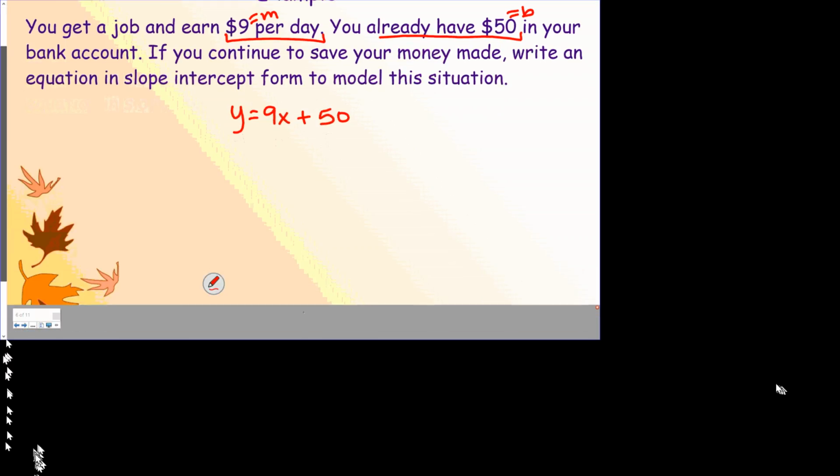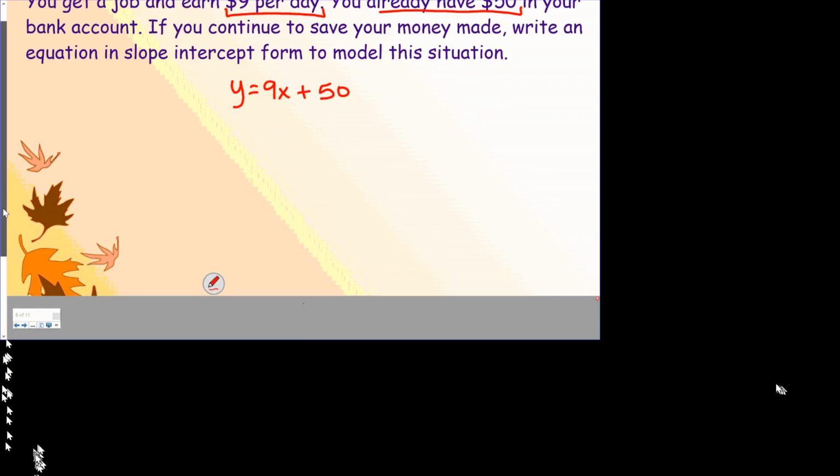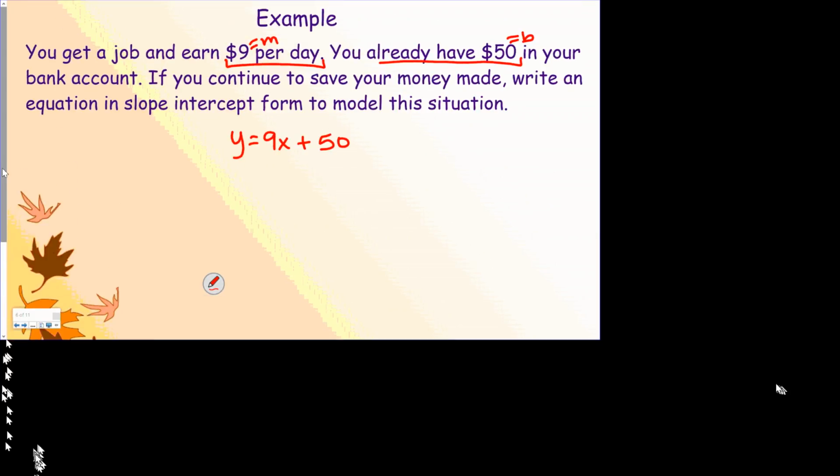In this word problem, I did not give you the units for x and y like I did on the last problem. And so I want you to know that there is a way to tell what x and y stand for, and it actually comes from your slope. So let's take a look at our slope.